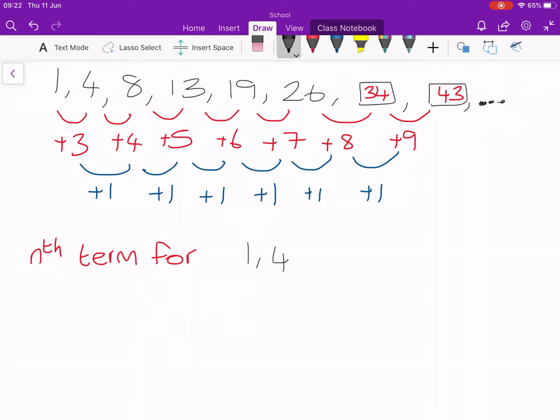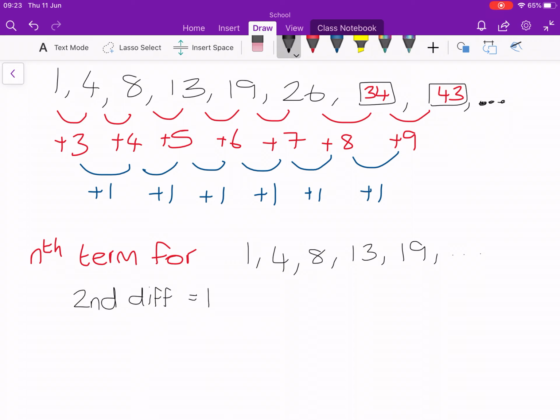So say it's 1, 4, 8, 13, 19, etc. In order to do this, the first thing we need to do is find the second difference. We've already found the second difference. We know that the second difference from the sequence we've just used is equal to 1. So that is the second difference.